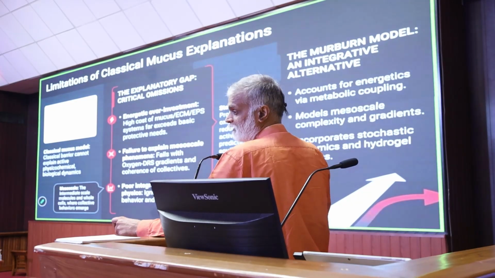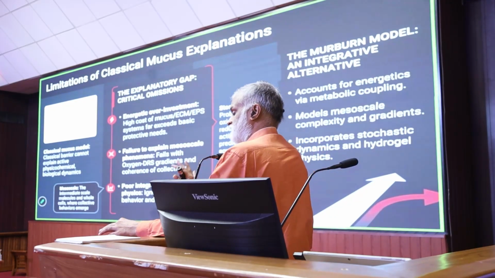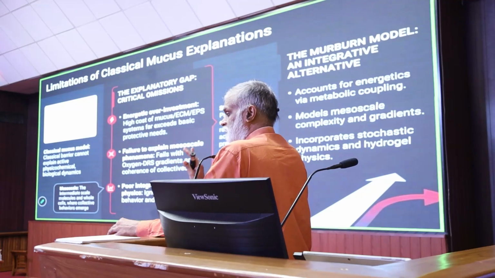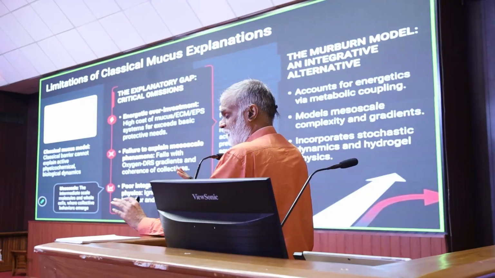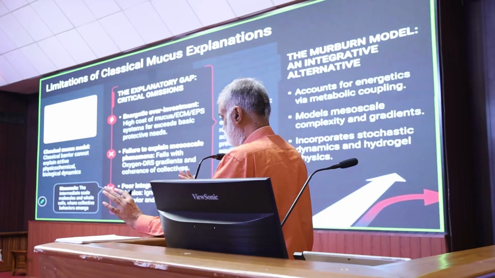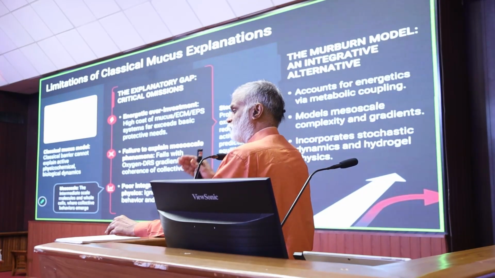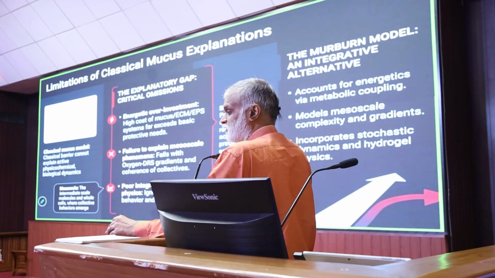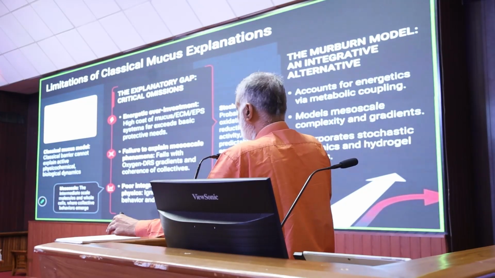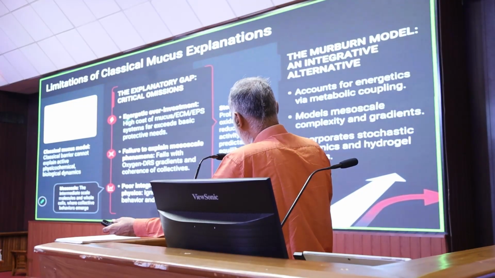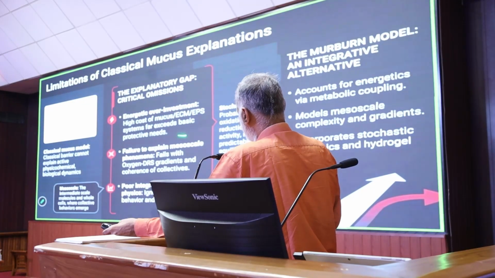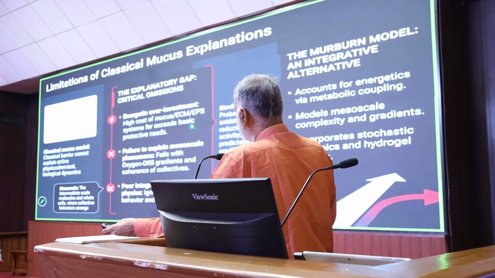What is the classical rule? The classical rule is that mucus is only for defense and protection. But it is not only for protection or defense; it is actually a regulator. That is what is proposed in this particular paper. We are unable to match the energy required to create EPS versus the protective needs.